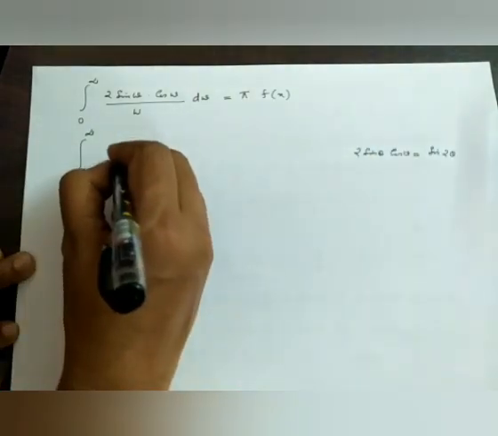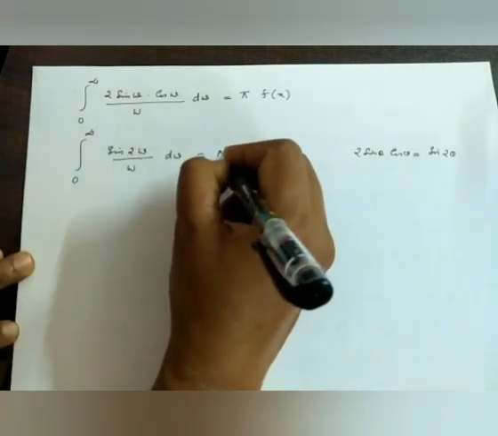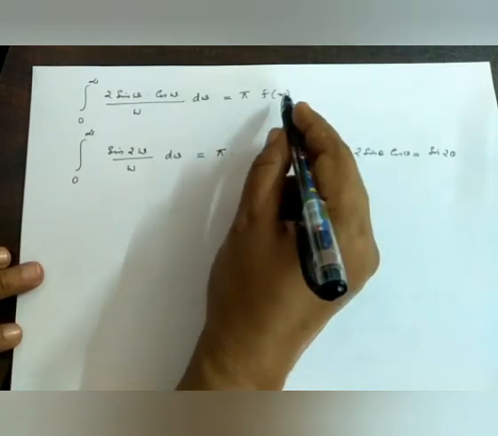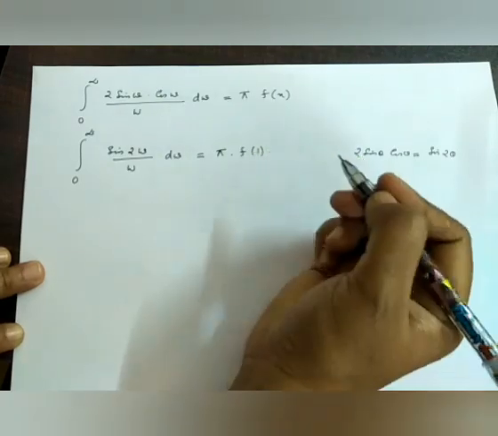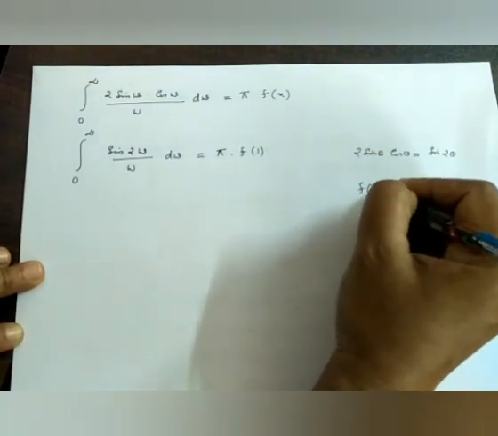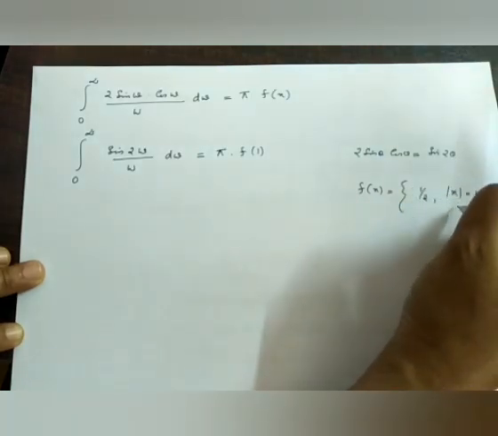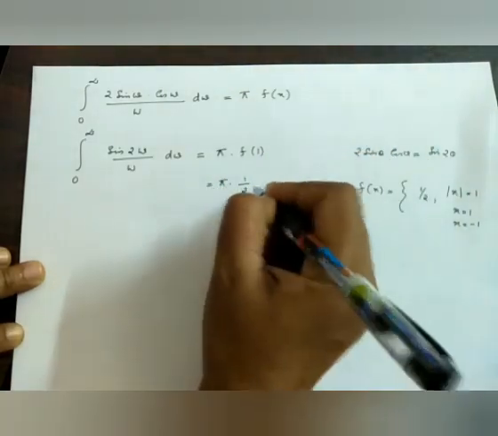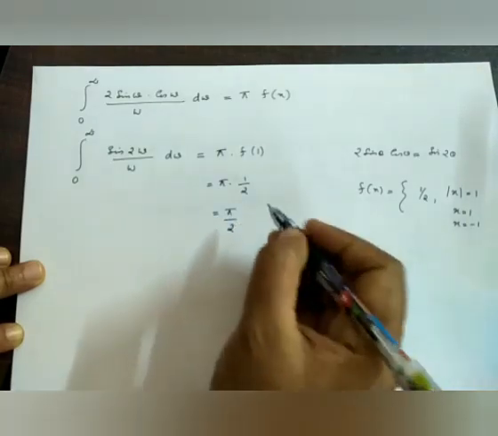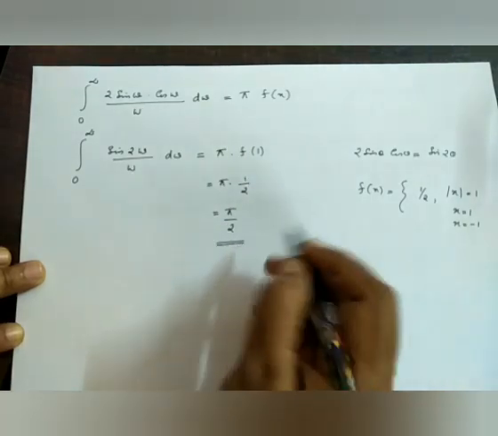So in place of this, we can write sin 2 omega by omega d omega, which is equal to pi into, in place of x we can put 1, f of 1. When x is equal to 1, f of x is equal to 1 by 2, when mod x is equal to 1, means when x is equal to 1 or x is equal to minus 1. Therefore, for x is equal to 1, we have the function f of x as 1 by 2, which is equal to again pi by 2. Therefore, the integral from 0 to infinity of sin 2 omega by omega d omega is also equal to pi by 2.